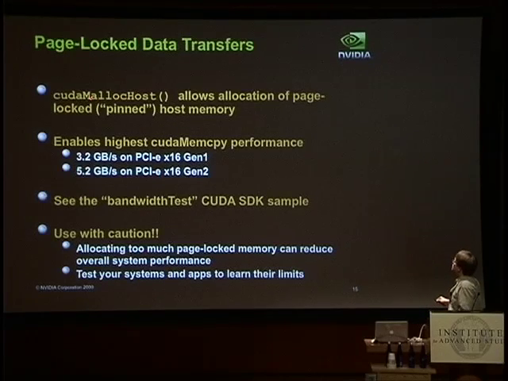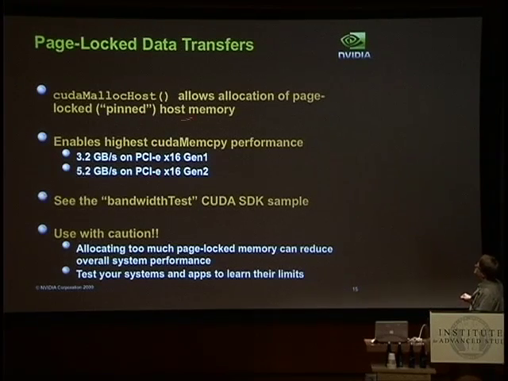Okay? If you can take advantage of the information on this page and pin the host memory, it simply means that the two different processes on the same CPU can both see the same memory, so it doesn't ever have to be copied. And similarly, the GPU always knows where it is, so it accelerates the process of getting memory, because you don't have to calculate where it is in memory.